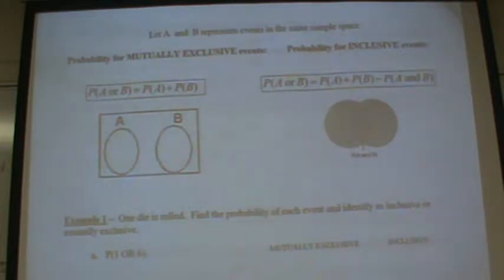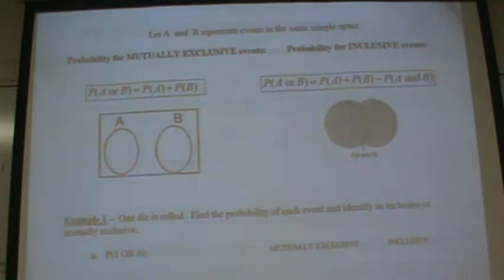If it's inclusive, we're going to take the probability of our first event, add the probability of our second event, and then subtract the probability of when the events coincide, or when our number, or whatever we happen to be talking about, can occur in both events.